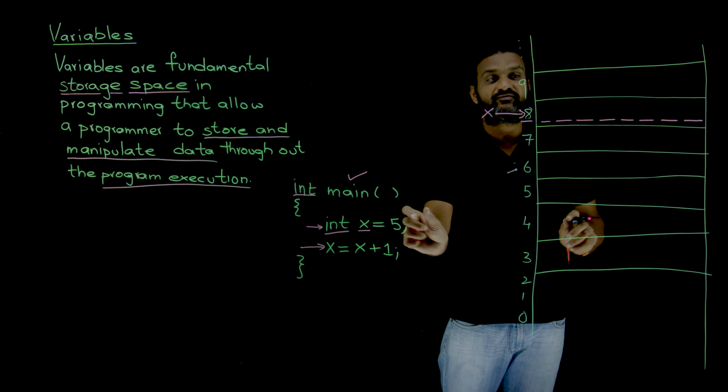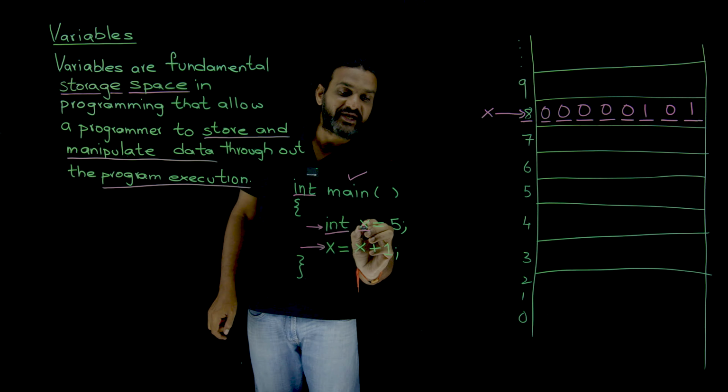The value of X is stored in memory, and every time the program is running, we are going to use the values that are stored in the variables. Now the first line has been executed.